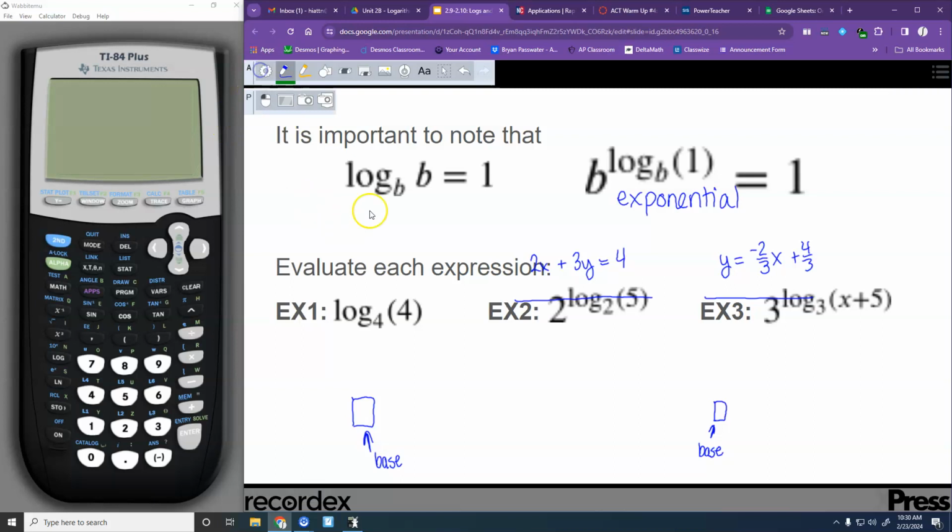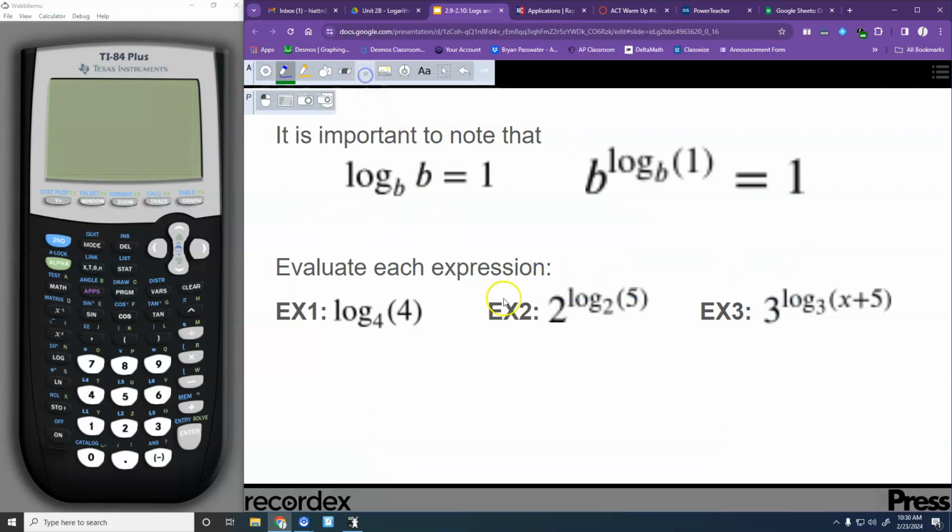Okay. Now, this is important for you guys to know. If I do an inverse of a function, then they just cancel each other out, right? If I do x plus 2 and then minus 2, you just get x, right? So if I take log base b of b, those essentially just cancel each other out and equal 1.